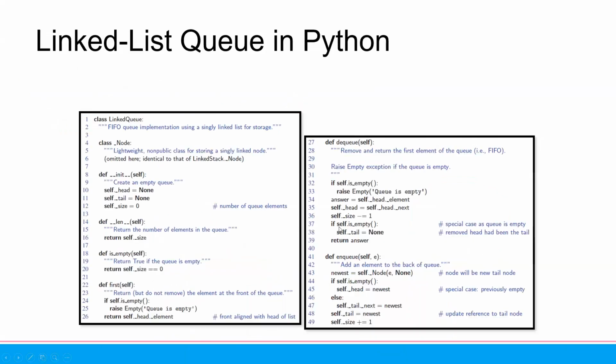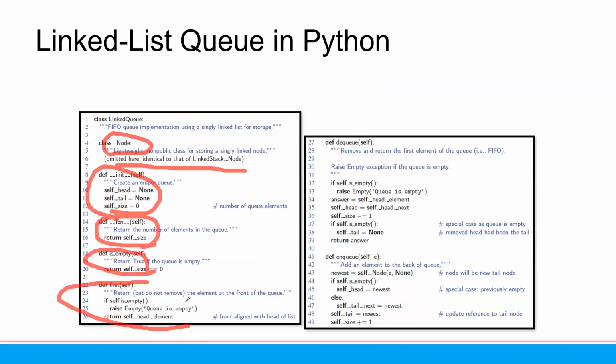So this is the linked list queue in Python. Again, we will have the node. It is identical to the linked stack, and most of it is the same. We have the head and tail, and then we have the length, is empty, and then we want to know the first, so we want to know the head element.